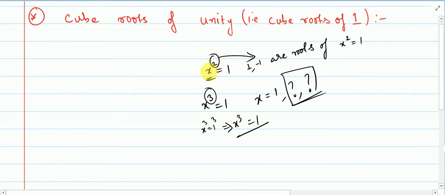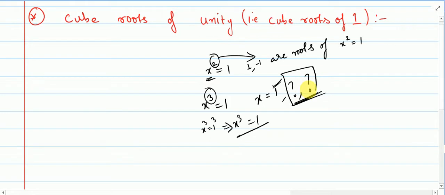Like here we had 1 and minus 1, so these two are roots for this one. Same way, we have x cube equal to 1, so we should have 3 values of x which will satisfy this equation. But right now you are able to say that x equal to 1 is the answer. Now what about the other two? These other two are nothing but complex numbers.